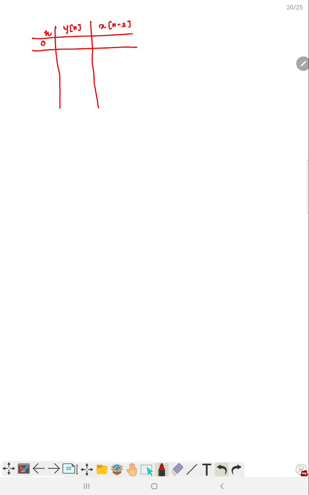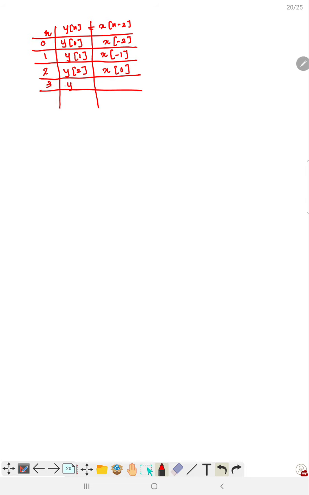If n has a value of 0, it is y of 0, and we will have x of minus 2. For 1, it will be y of 1, then x of minus 1. For 2, y of 2, x of 2 minus 2 is x of 0.